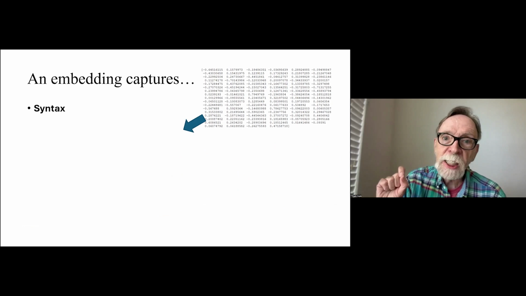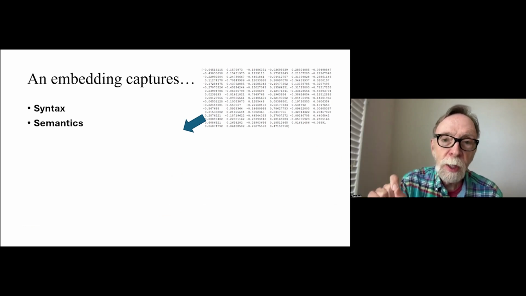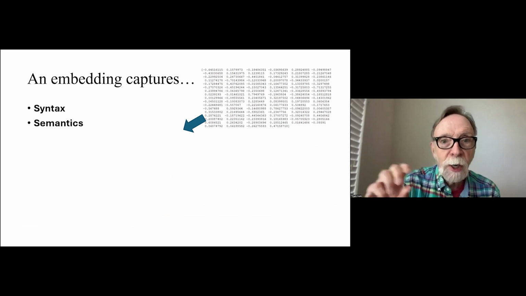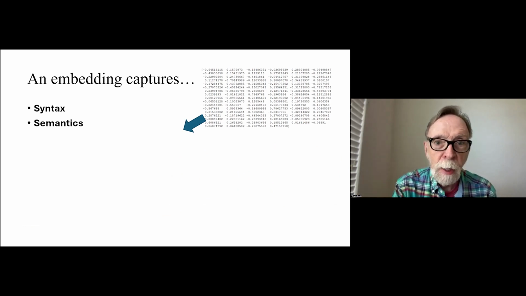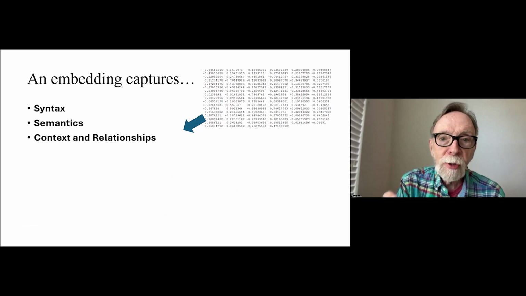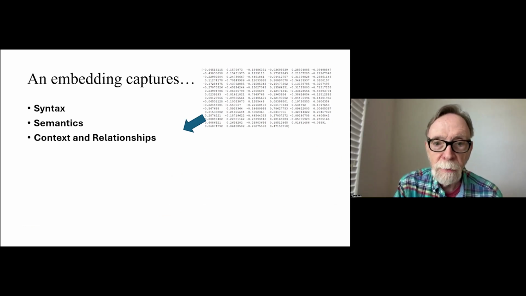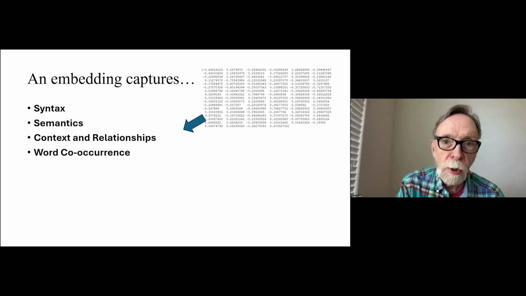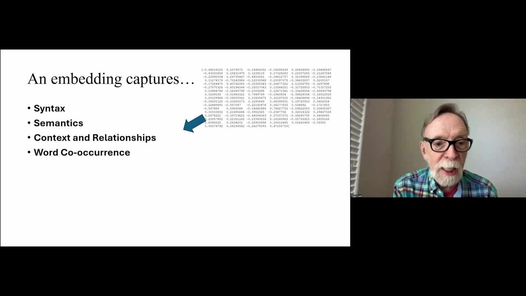It understands the syntax of the words. So when it sees "the prosecution approaches the bench," it sees that "the prosecution" means sort of a collective noun rather than a verb. It also captures the semantics, the meaning of it. It captures the relationship of these words to other words, what words go together in sentences.